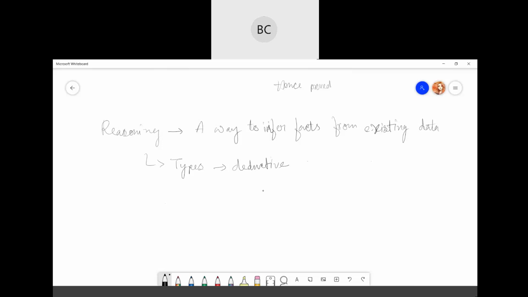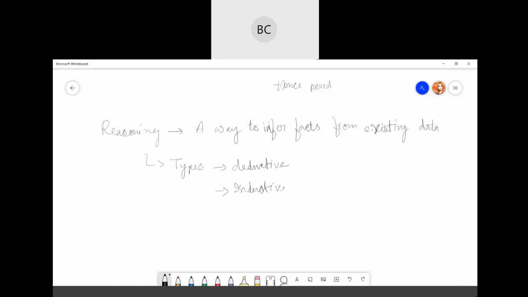It is a form of valid reasoning, which means the argument or conclusion must be true when the premises are true. Deduction can be like, if all humans eat vegetables. Okay, it is going to take a little bit of time. Let me write the names.